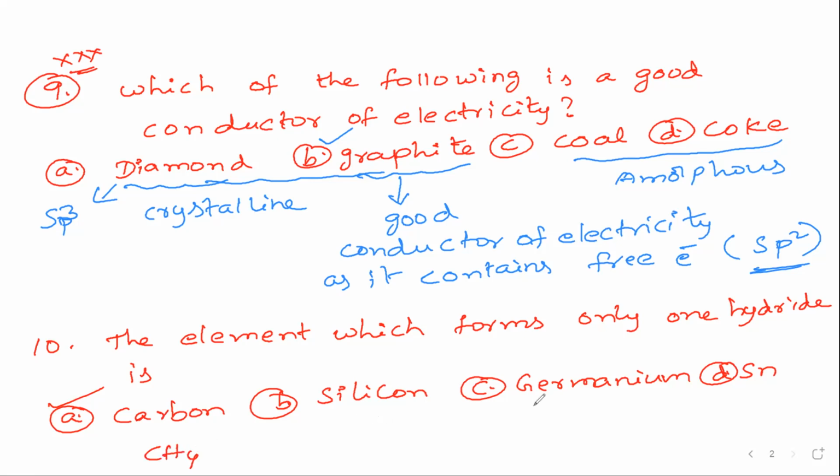Silicon, germanium and tin can form other hydrides also, but carbon alone can form only one type of hydride, that is CH4. Next question, question number 11.